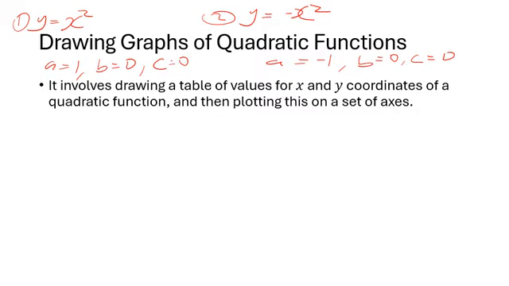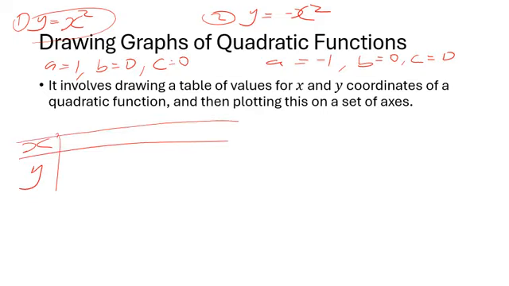For the first one, to draw a table of values, we need to have x values and y values. You can be given values or you may not be given, but for this one, let's have values ranging from -4 to +4. You can choose any values according to your wish.